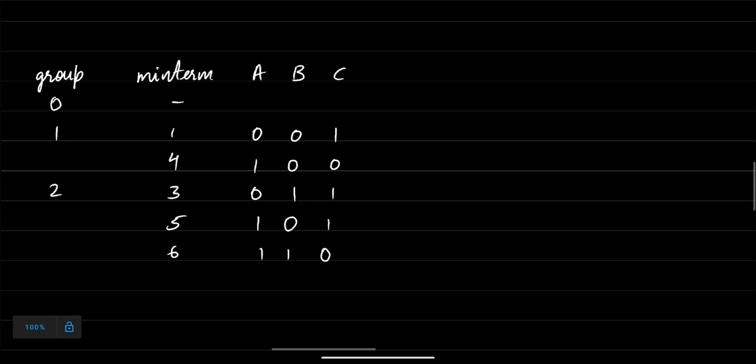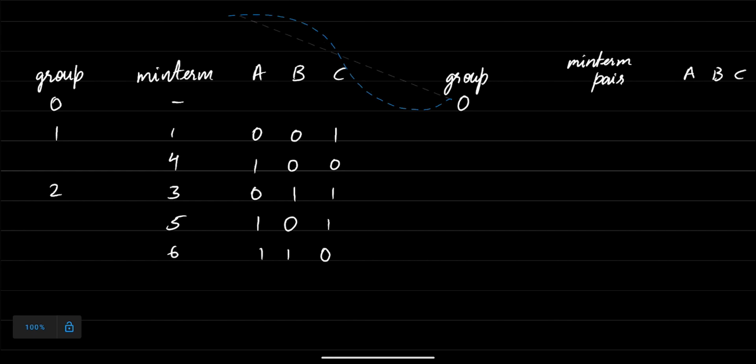We move on to the next step, which is combining terms that differ by a single bit. So we make a table that's very similar to this one: group, minterm and A, B, C. And the only difference over here will be that we're forming minterm pairs. Now we start with group 0, and to form group 0, we look at the previous table and find group 0 and compare it with its adjacent group.